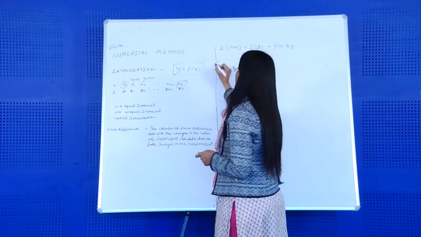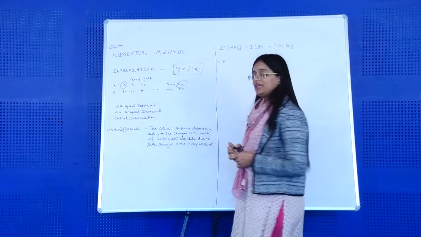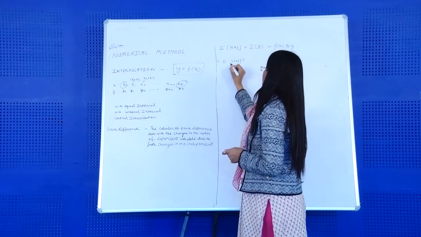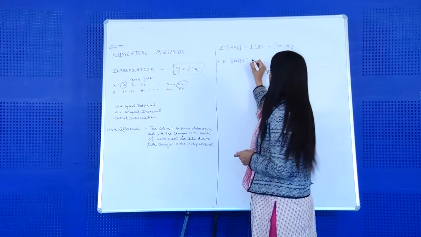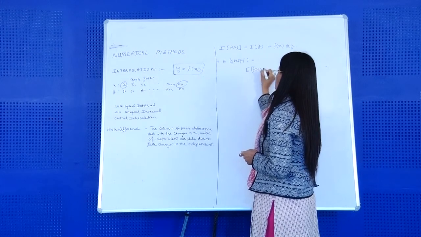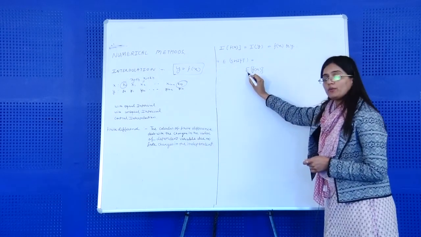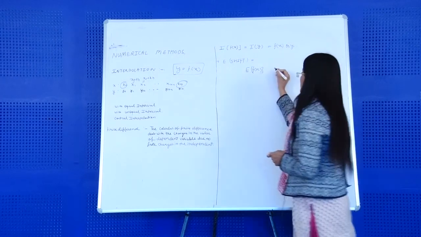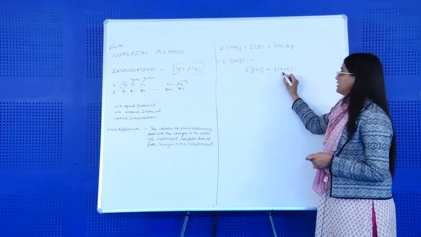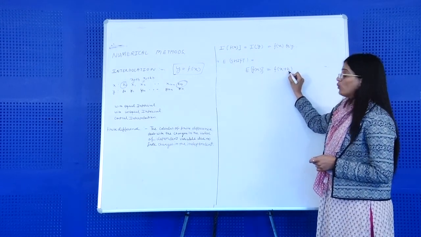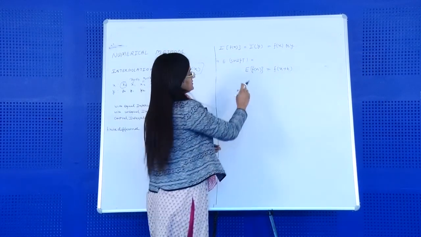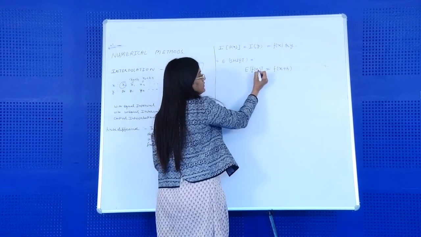The second one is the shift operator, which is denoted by E. The formula for the shift operator is E of f of x. I apply the shift operator on this function, and what I get is f of x plus h. Here I get a function with one increment.